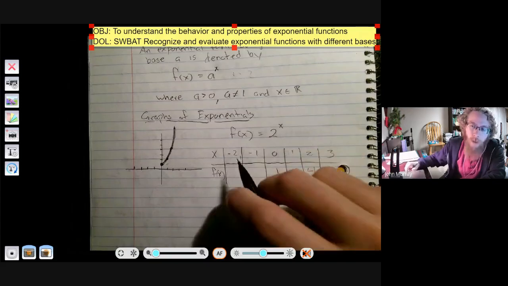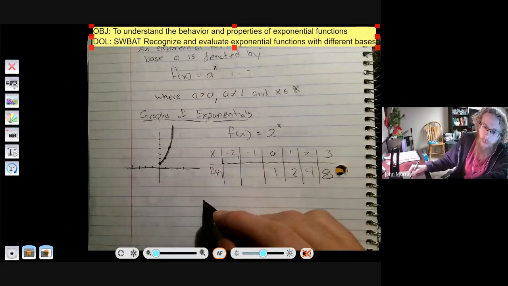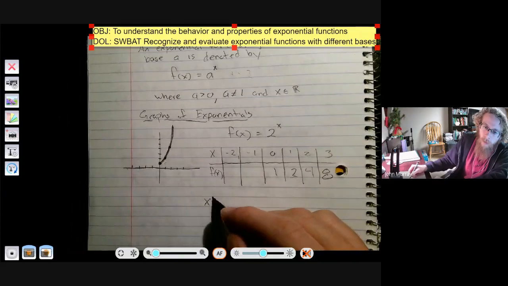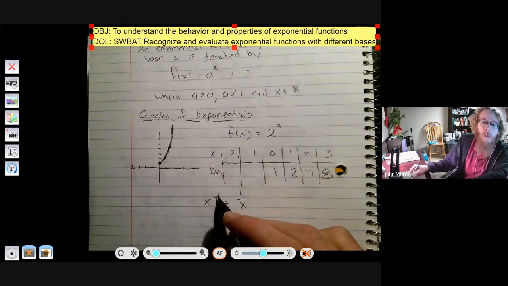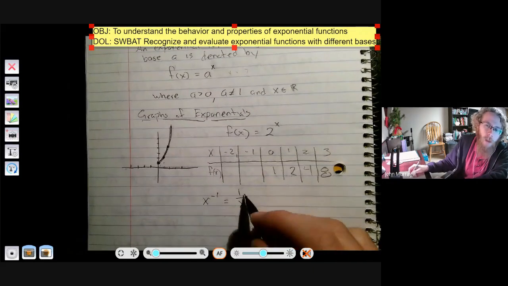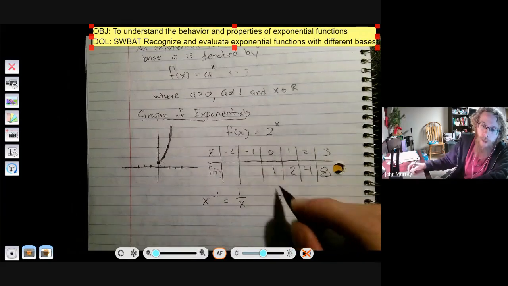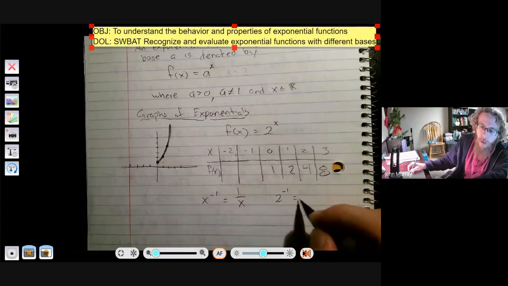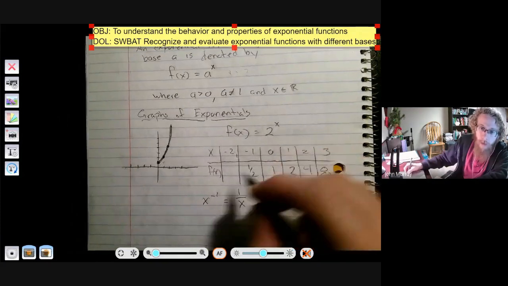Now, looking at the negative ones, when I have a negative exponent, okay, x to the negative 1, what that tells me I'm doing is I'm taking the reciprocal and I have 1 over x. So if I have 2 to the negative first, that's going to be 1/2.